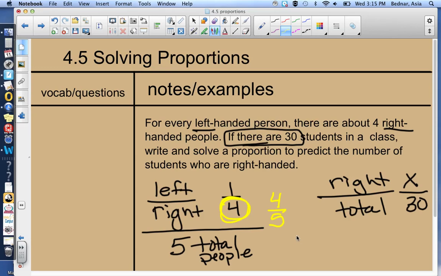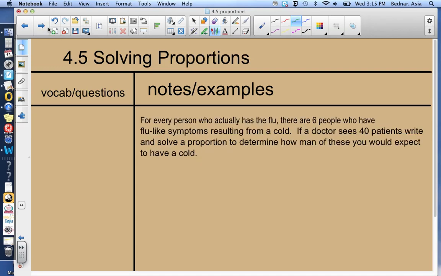Here's my ratio: 4 over 5 equals x over 30. In this example, I could cross multiply, but this is a nice one because I noticed that 5 times 6 is 30, so I could go 4 times 6, and x would equal 24. So in a group of 30 people, 24 of them would be right-handed.